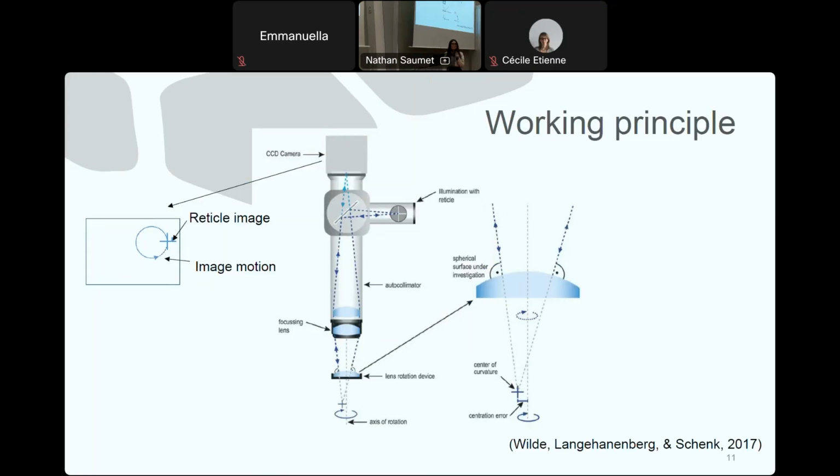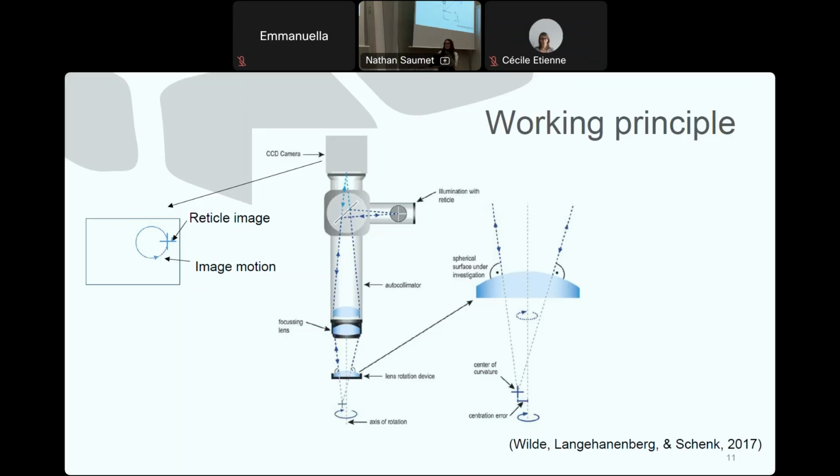We can do it. The advantage of this method is that we can measure the centration error of each diopter in an optical system without dismantling it. I personally worked on a system made by Trioptics, which allows us to measure almost at the same time the eccentricity of 20 diopters.